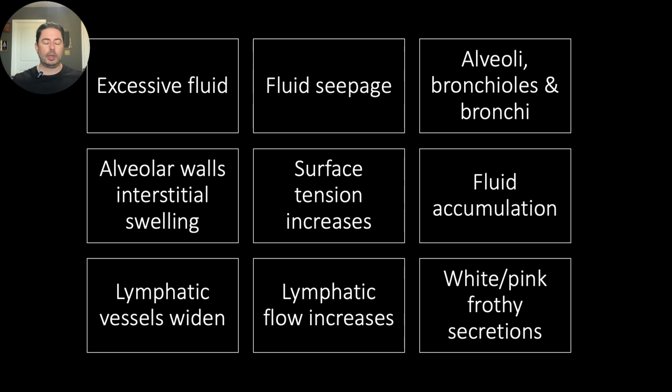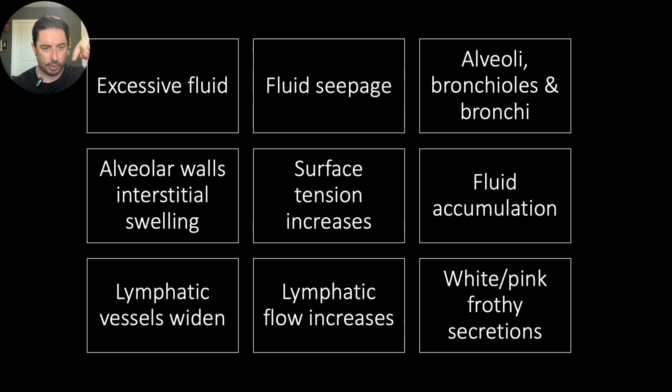So if I increase the diameter of the lymphatic vessels, what happens to flow? This goes back to Poiseuille's law, right? If I increase the radius of a tube, and the lymphatics are a tube, if I go from this size to this size, what happens to flow?